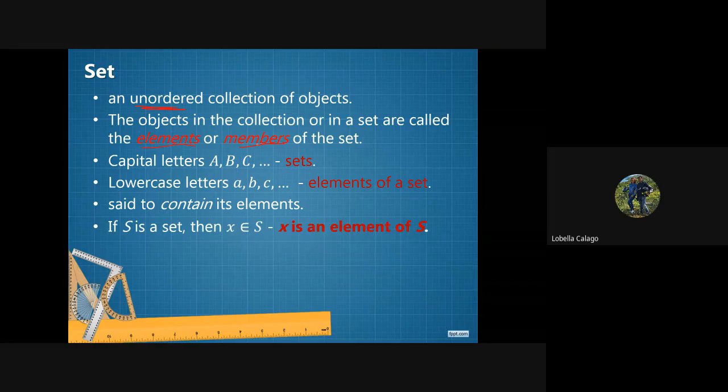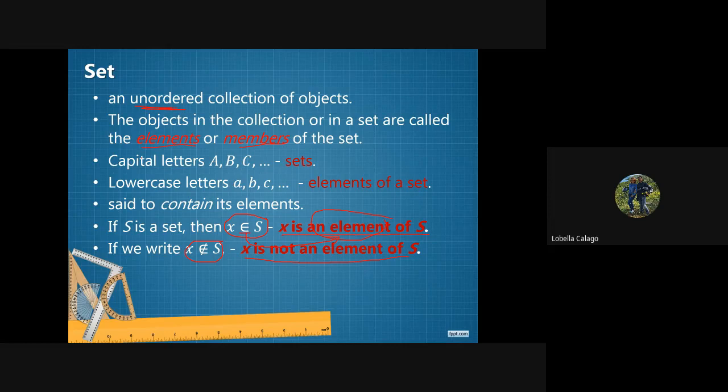If S is a set, then x is an element of S. This is how you read the sign: x is an element of S. If we write this slashed sign, it means that x is not an element of S.